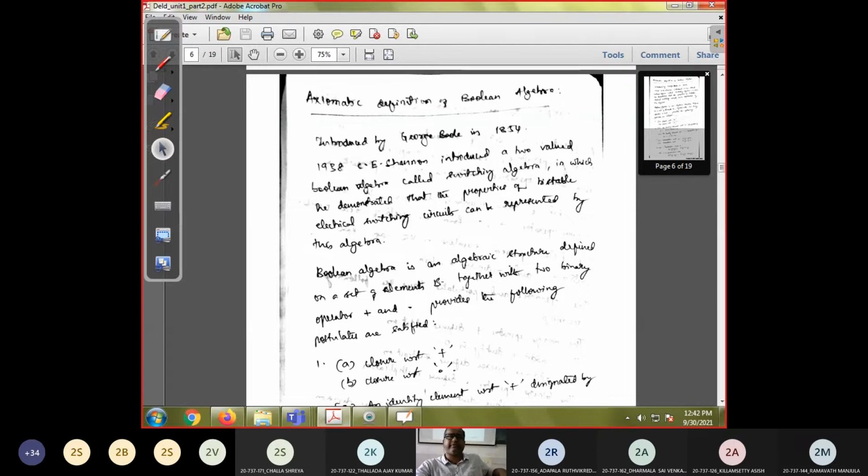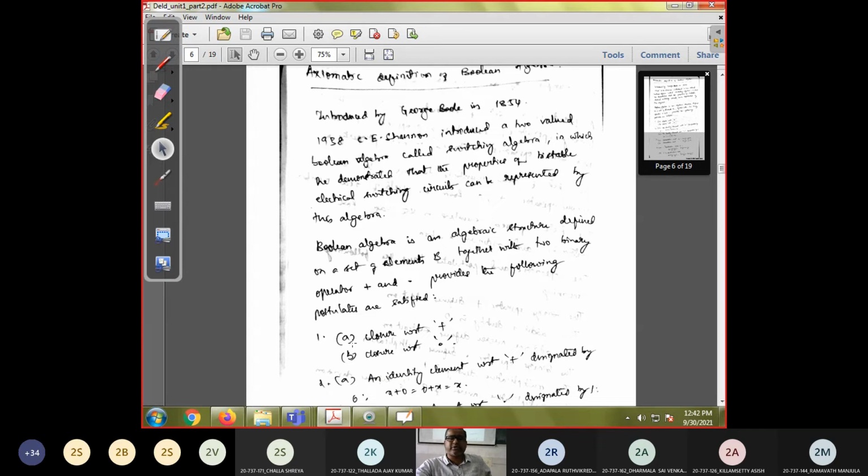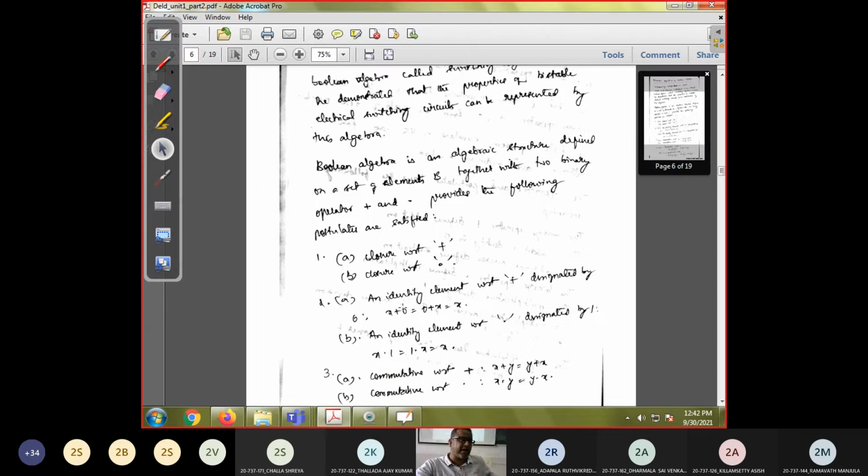And what are the operations I am defining? I am defining only two operators here. One is represented as plus, the other one is represented as dot. So what is plus, what is dot? We'll try to understand now. This Boolean algebra satisfies the closure property with respect to the plus operator. It satisfies the closure property with respect to the dot operator. It has an identity element.